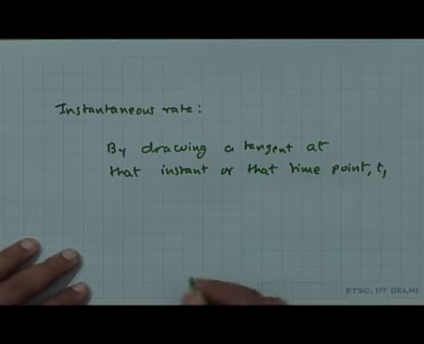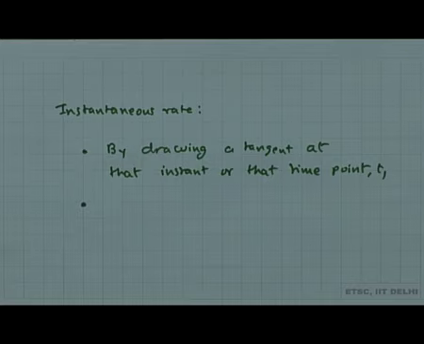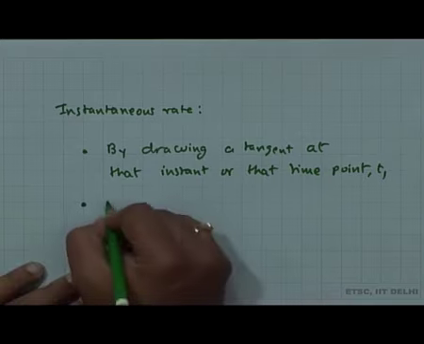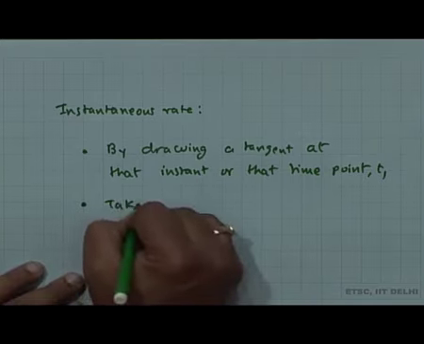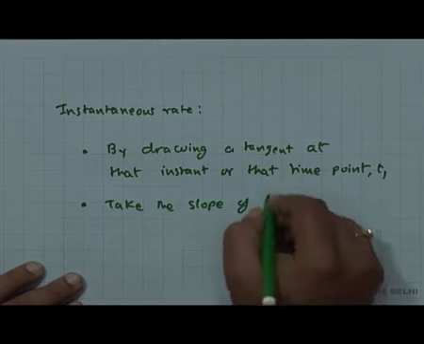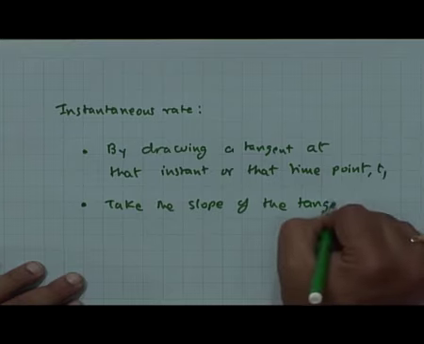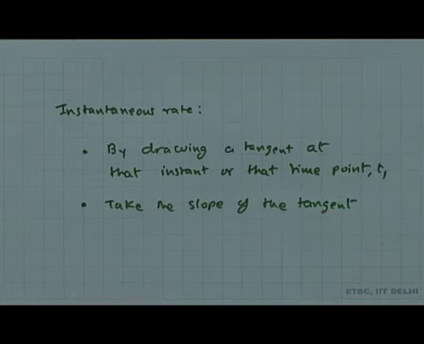That is number 1. The tangent has to be drawn properly. Once I have drawn a proper tangent, I take the slope of the tangent. So, these two things I need to do.